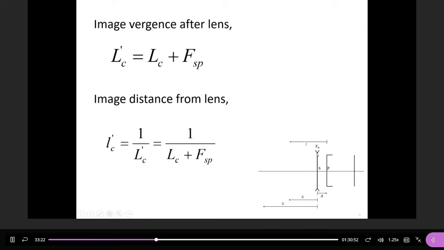And if you still remember the principle that we talked about, the purpose of putting this distance spectacle in front of the eye is that it will help you to form an image at the far point of the patient. Because when we can do that, having an image formed at the far point, it will then form a clear image on the retina. So that's why now this position represents the far point of the patient. Okay, and that's why we have to calculate the L.